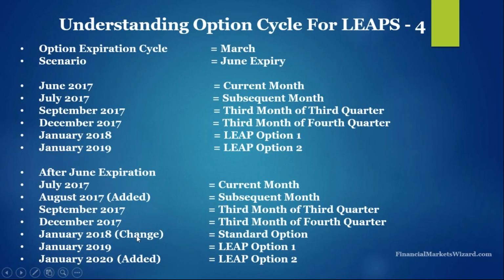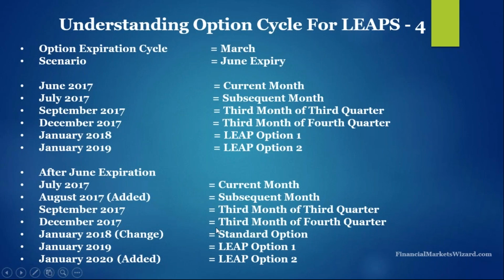The reason is that if January 2018 is listed and people are trading and hold options, they cannot just remove the January option, even though the option expiration cycle is March.